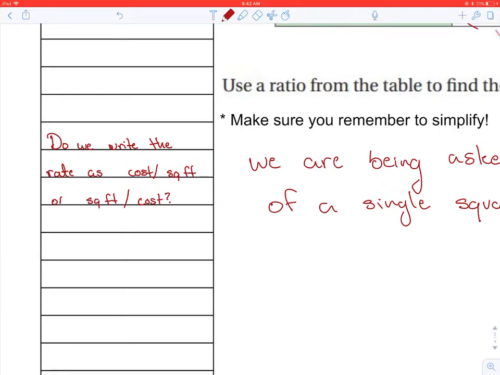Like I said in the last video, I feel like this is a lot more relevant because you've probably heard people talk about tile or roofing or even landscaping where they're talking about how much it's going to cost them for every square foot. And so in your minds, you can already imagine that we're going to be using cost over square feet and not square feet over cost. So we're going to set this up as cost over square foot.